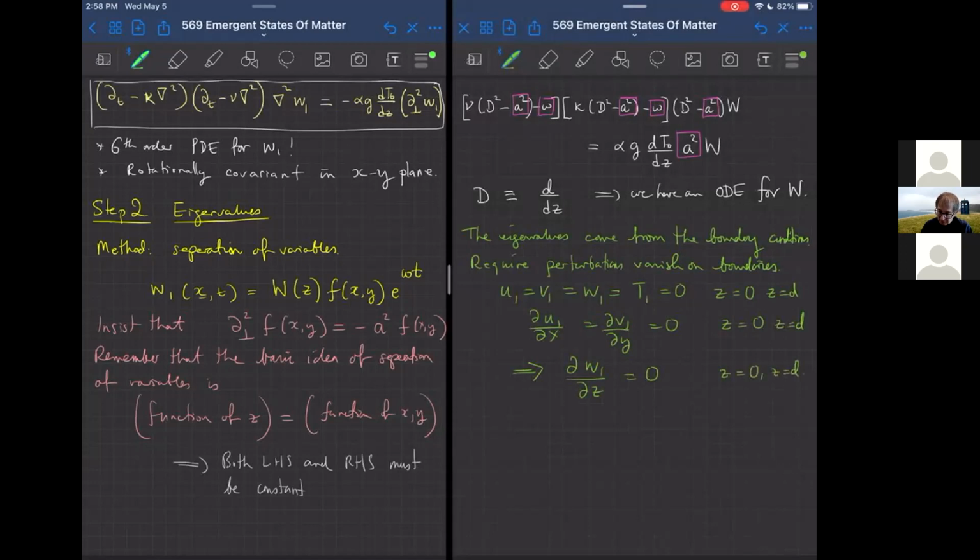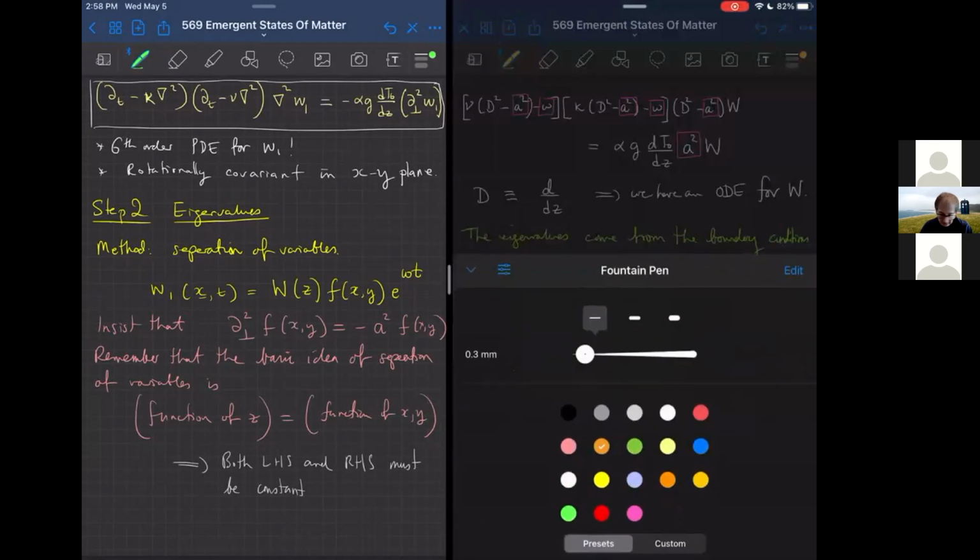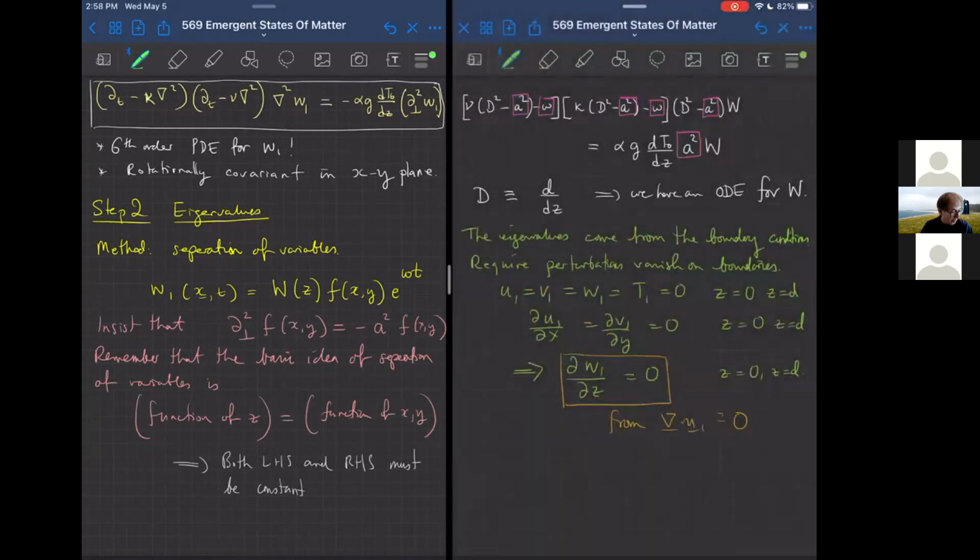So these things, dU1/dx and dV1/dy being 0, are implied by the fact that they're 0 at that surface, and then because of the incompressibility condition, we also have this one as well. Okay, so those are the boundary conditions.